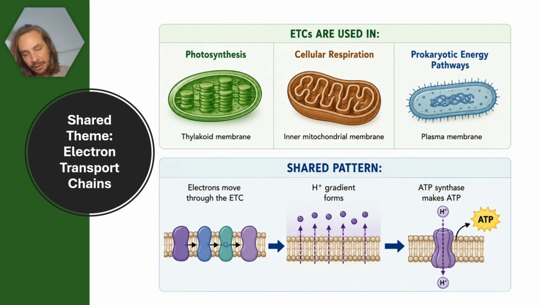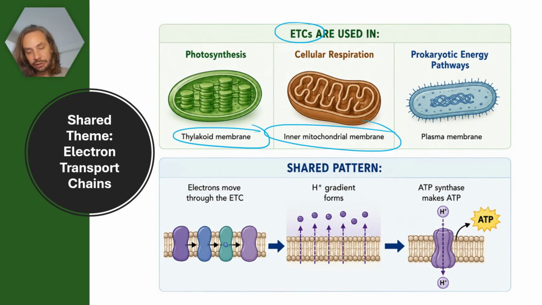We create this electron transport chain in the thylakoid membrane for photosynthesis. In the inner mitochondrial membrane, we do it for cellular respiration, but prokaryotes can also use their plasma membrane to create an electron transport chain. And they all work in a similar way.